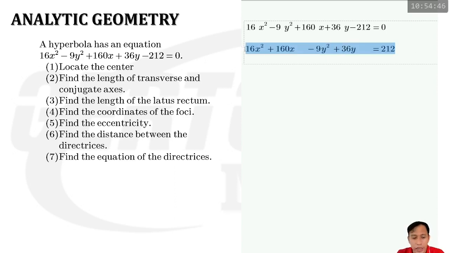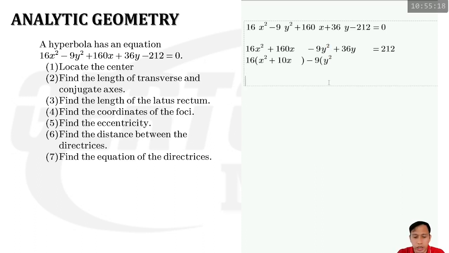Now, ano nga yung next gagawin, 'di ba? Mag-factor tayo, no? So that is 16 times x squared plus 10x. Then, here naman, lagyan natin ng parenthesis again. Here naman, i-factor out natin yung negative 9. So, this would become y squared, then 36 over 9.